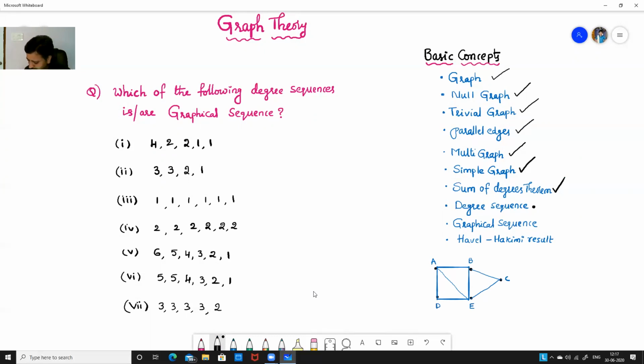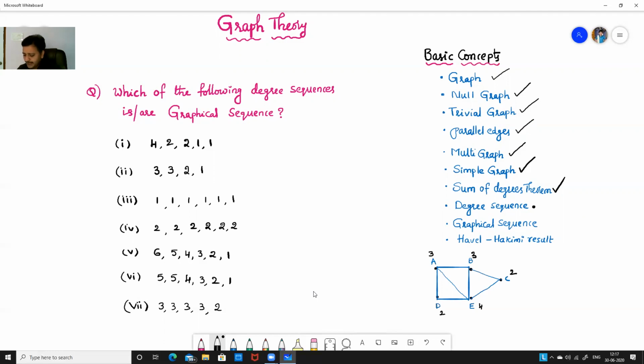The degree of A is 3. Let me write the degrees also. Degree of A is equal to 3. Degree of B is equal to 3 because 3 edges are there, right? And degree of C equals 2. And degree of E is 1, 2, 3, 4, so 4. And degree of D equals 2.